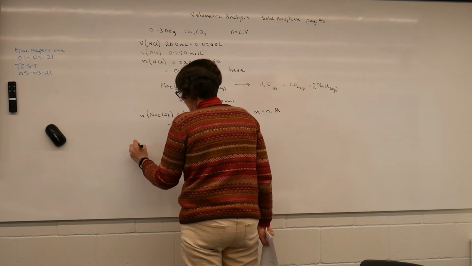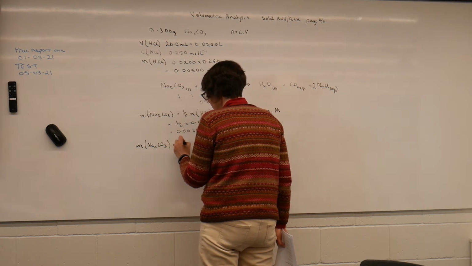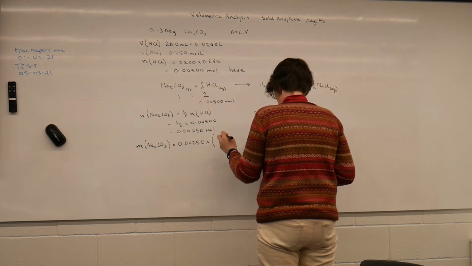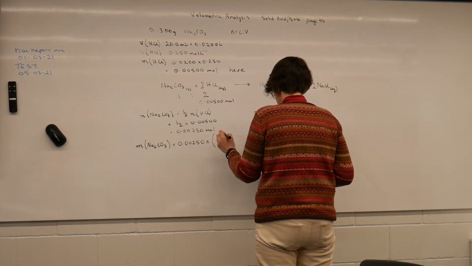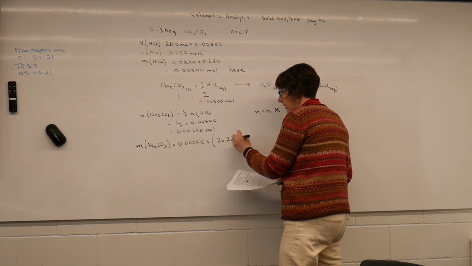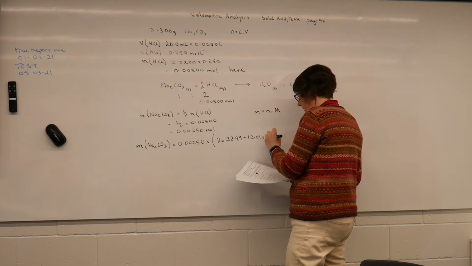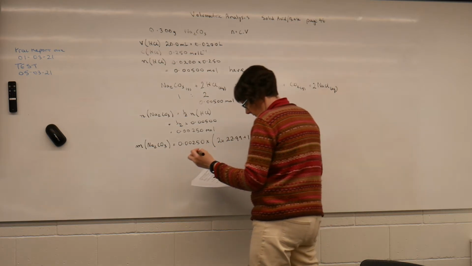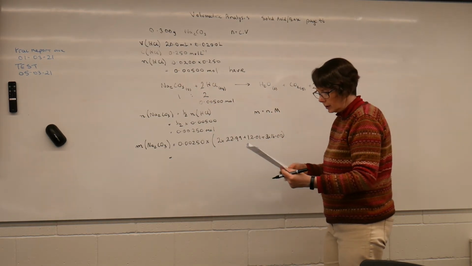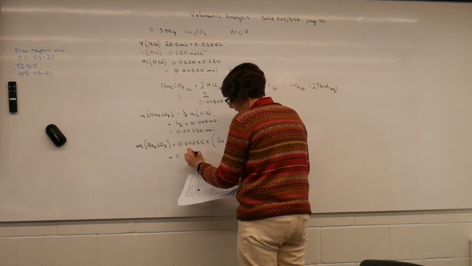So my mass of sodium carbonate will equal the moles multiplied by, what have we got, 2 times, is it 22.99 for sodium? 12.01 plus 3 times 16. And we're just going to use the value in the booklet here. It tells me that the mass is 0.265 grams.